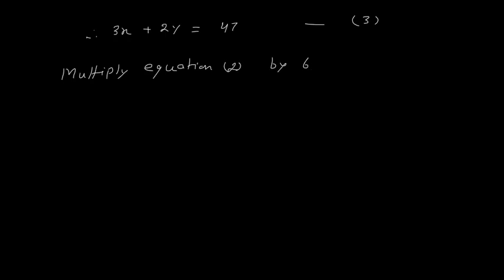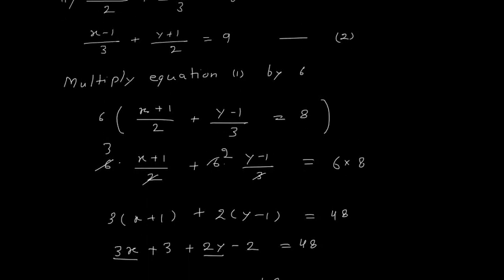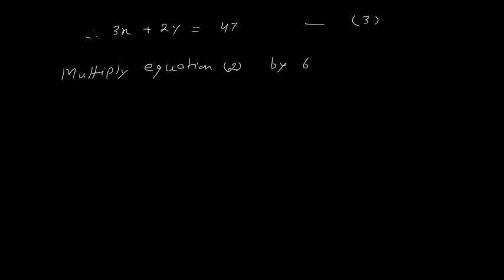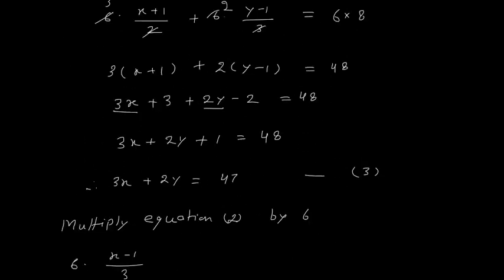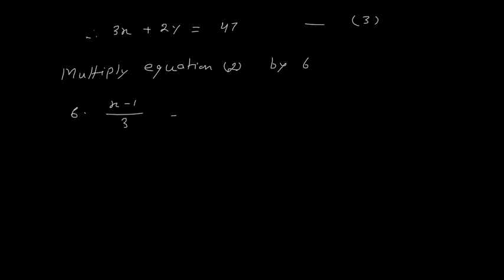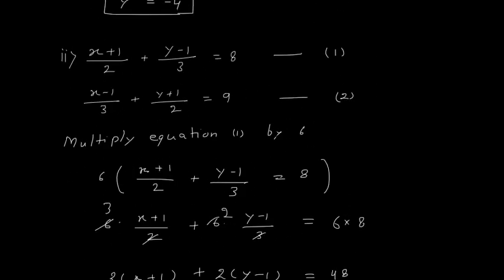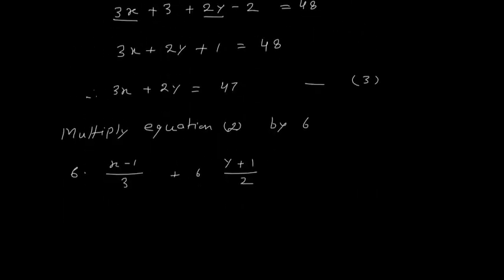So it is 6 into (x minus 1) divided by 3, plus 6 into (y plus 1) divided by 2, equal to 9 into 6.